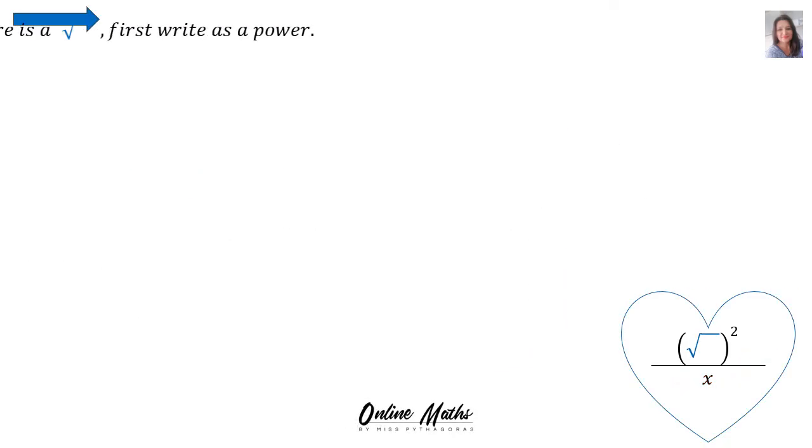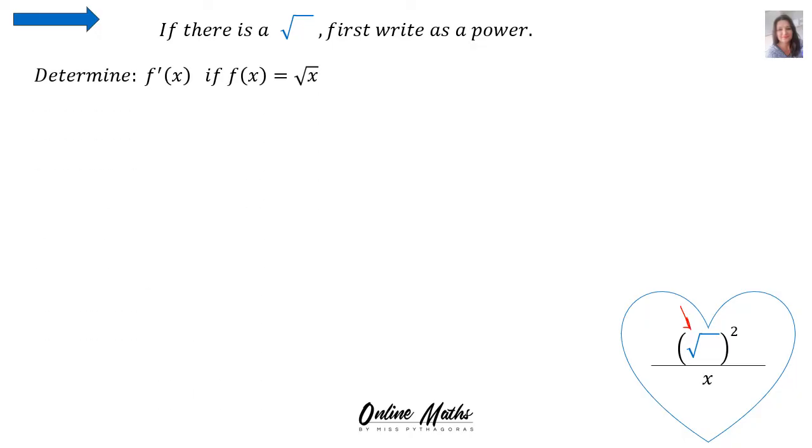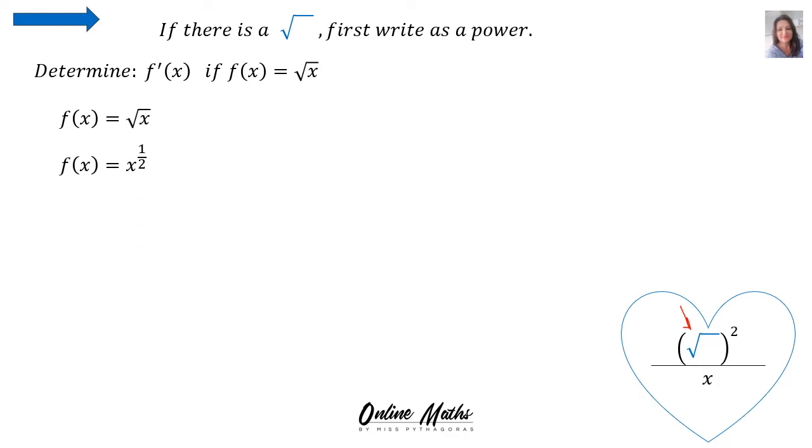Now the next rule is if there is a root, first write it as a power. And remember, a square root is the same as x to the power of a half. And here on my little sketch you can see you cannot differentiate if there's a root. Determine the derivative if f of x is equal to root x. So first of all, I will write root x as x to the power of a half. And only now will I find the derivative. Therefore, f dash x equals.